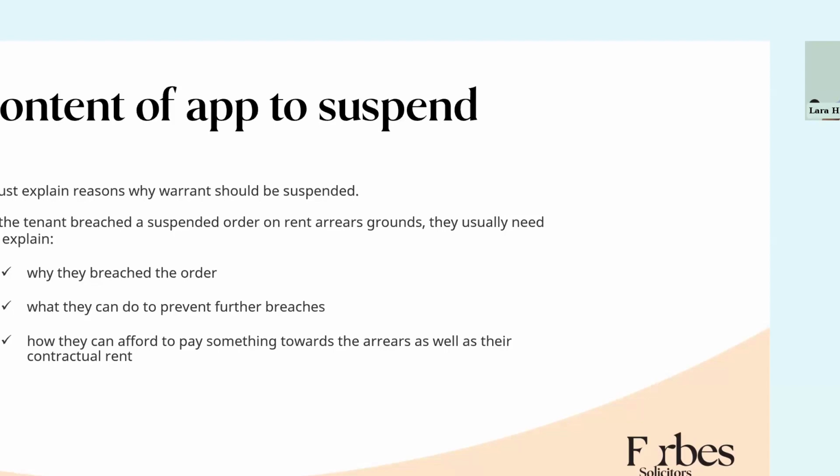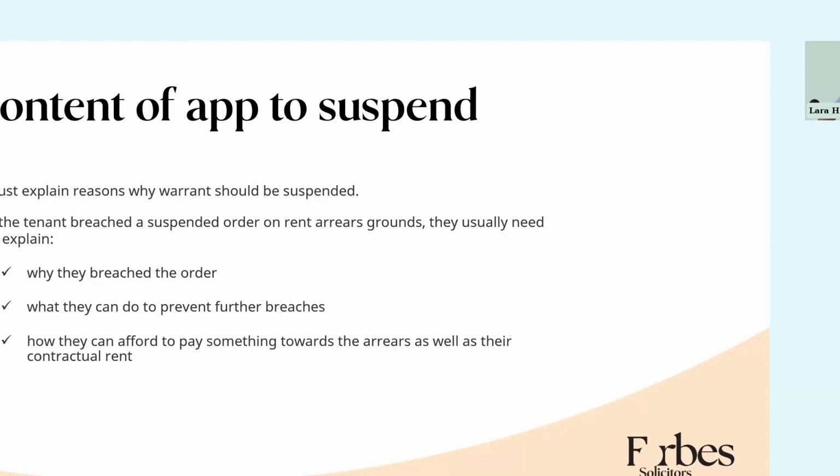Sometimes they do set those out within the N244, and again, as I've said, the courts are quite lenient in that respect. If we get to a hearing, we would then be asking them to put that into a proper civil statement format. But just for the purposes of their initial application to suspend, they just need to set out their reasons.